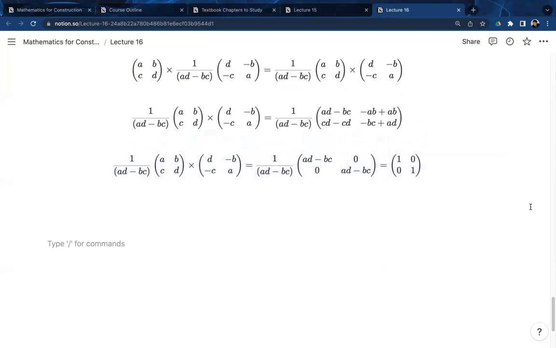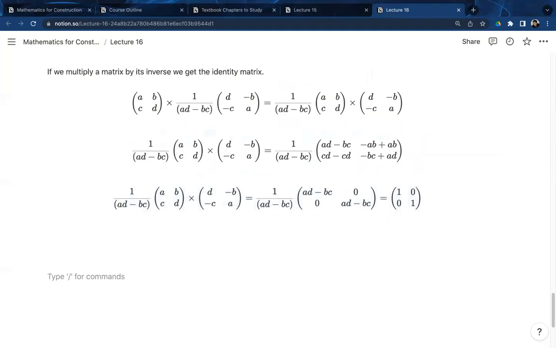And that's really cool because it means you could remove a matrix from an equation by just multiplying by its inverse. So if we have a matrix equation, multiplying by the inverse on both sides undoes that matrix on the particular side that you have it.